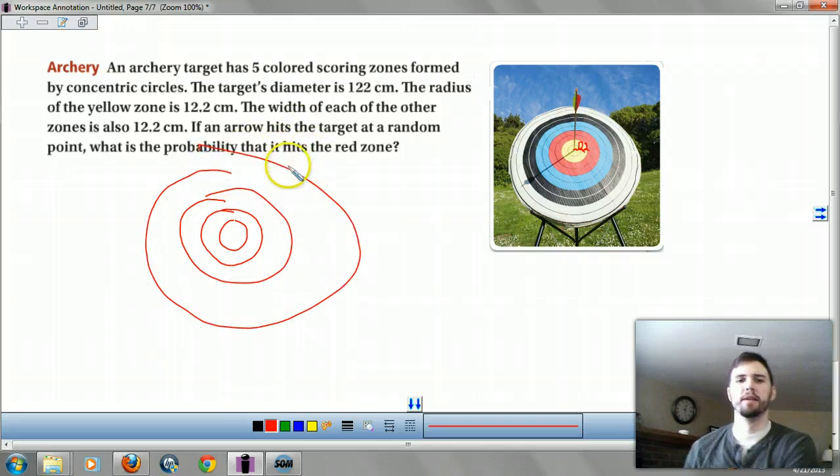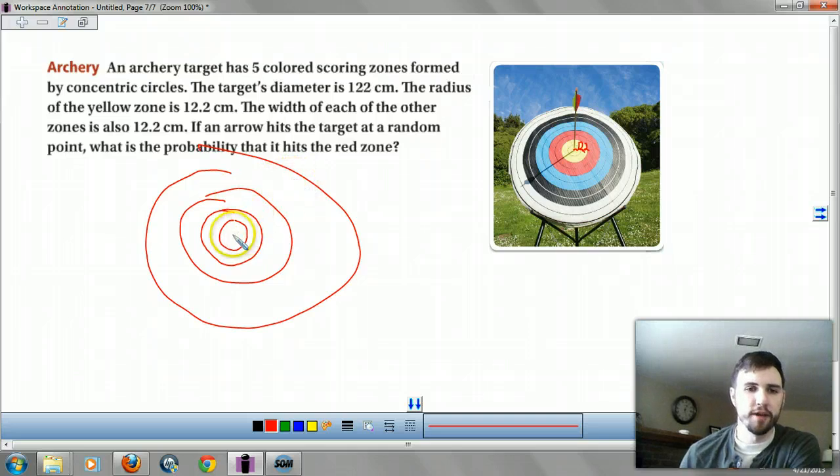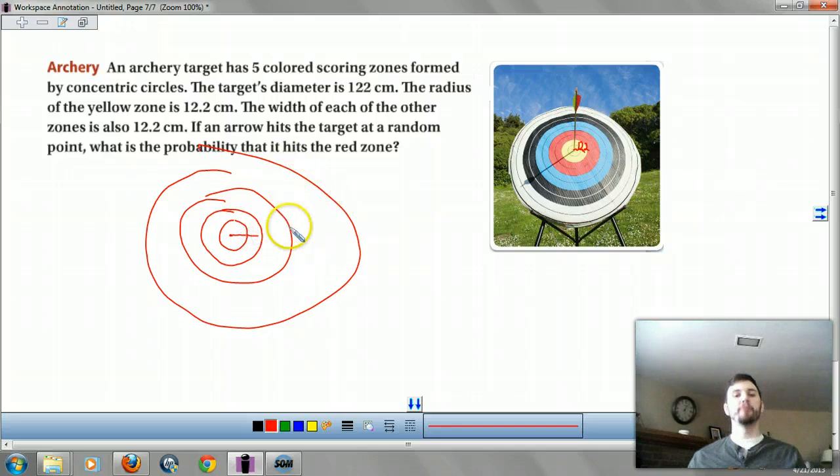Okay, so what are the chances it hits the red? Well, the red zone's the second zone, right? So the radius of my red is 12.2 plus 12.2, so my red radius is 24.4.